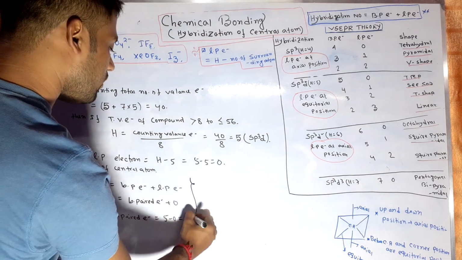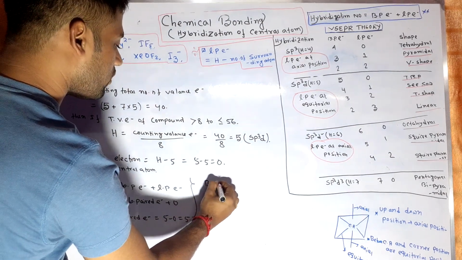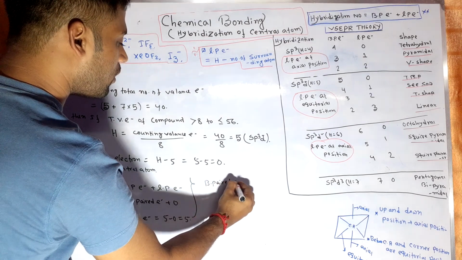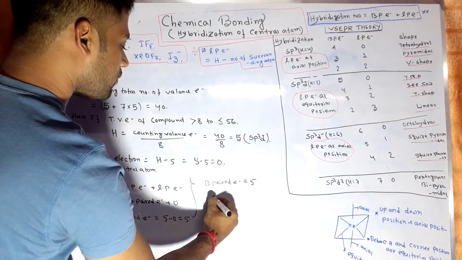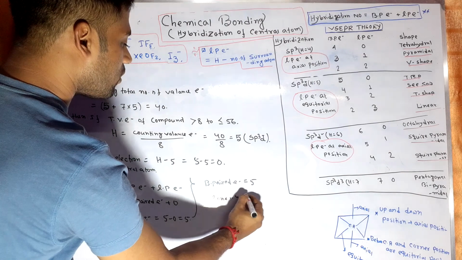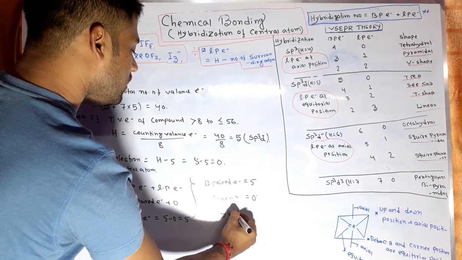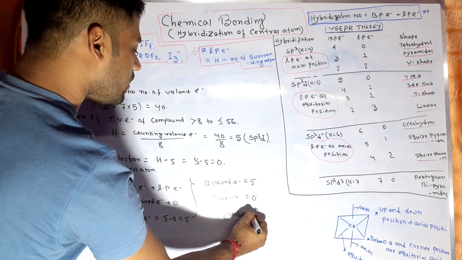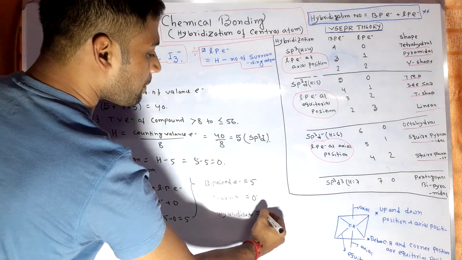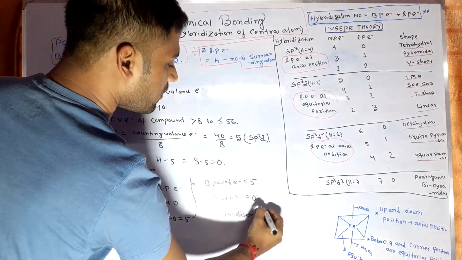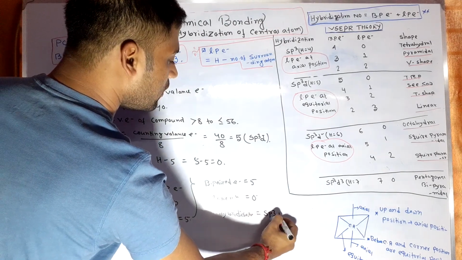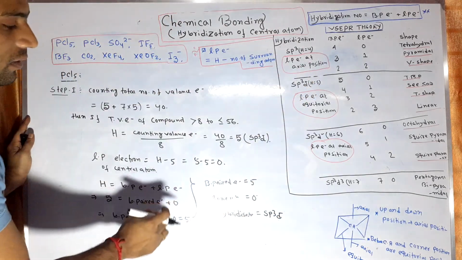So given data: bond pair electron 5, lone pair electron 0, hybridization sp3d. Then we follow the table.